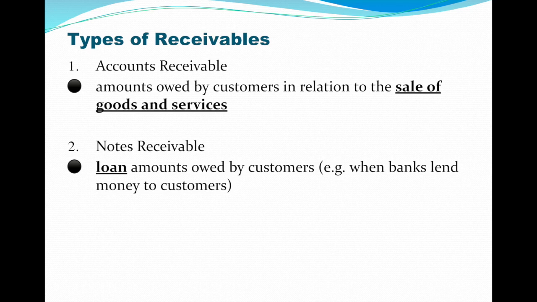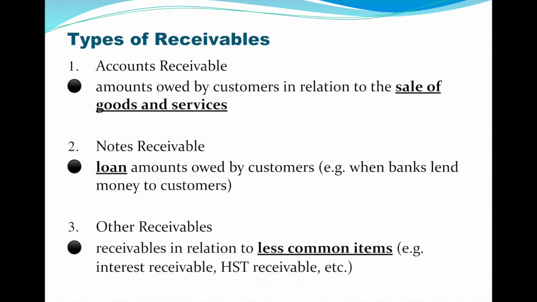You just use the card and you get a receipt. With notes payable, because the duration is so much longer, there's usually documentation involved where the customer will sign what's called a promissory note that basically says, I will pay you back this amount of money with this amount of interest in this amount of time. And the customer usually signs that.